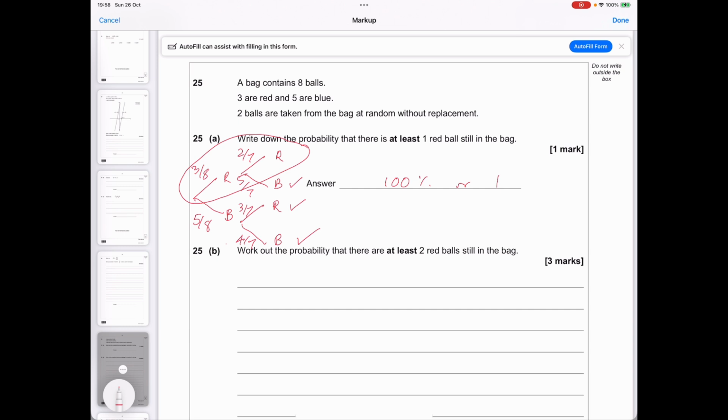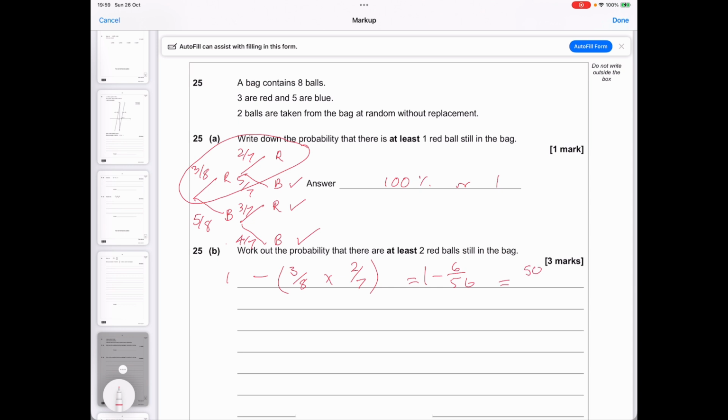That's the case where it goes red followed by red. So it's going to be 1 minus 3/8 times 2/7, which equals 6 over 56.